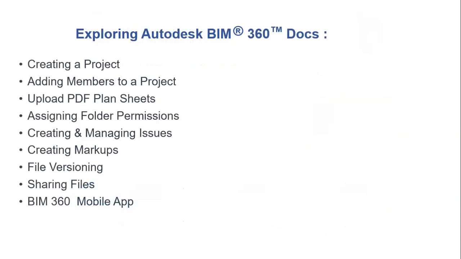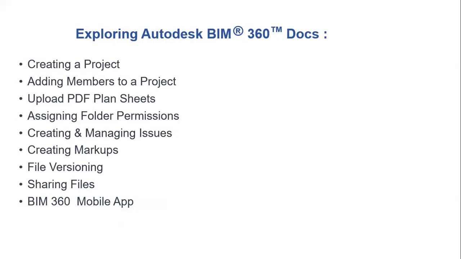So this is the workflow of BIM 360 Docs. First, we need to create a new project. BIM 360 admins can only create a new project, and we can add members to that particular project, and also add team members, roles, and accessibility. Before going to this operation, we need to activate the service. For document management, activate the Docs service. After adding members to that project, we can upload documents to the folder.